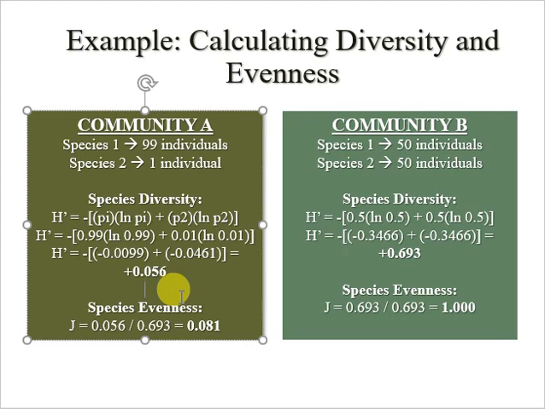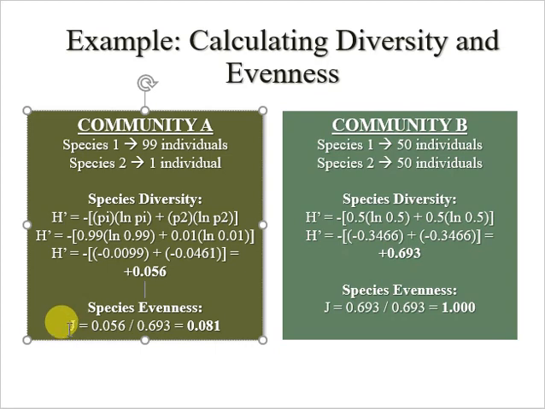So of the total number of individuals we have, how evenly distributed are they amongst the different species? Does each species have a relatively similar abundance to one another as far as the number of individuals? And we'll calculate that, again, using Pielou's evenness index.